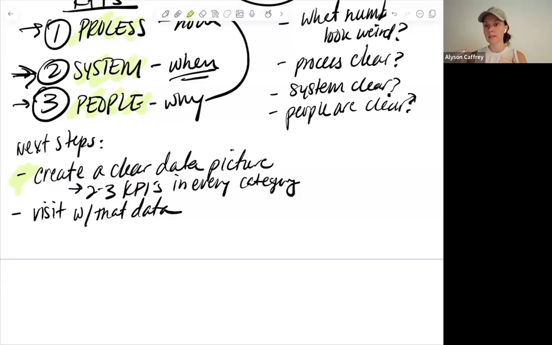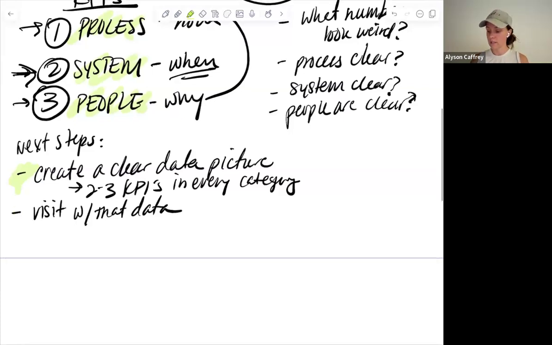And then you can create an opportunity to measure and improve that data, right? So at the end of the day, you're really not going to know when you first create your data picture whether or not those ranges are normal. You want to visit with that data, and then you want to define normal after about 90 days.